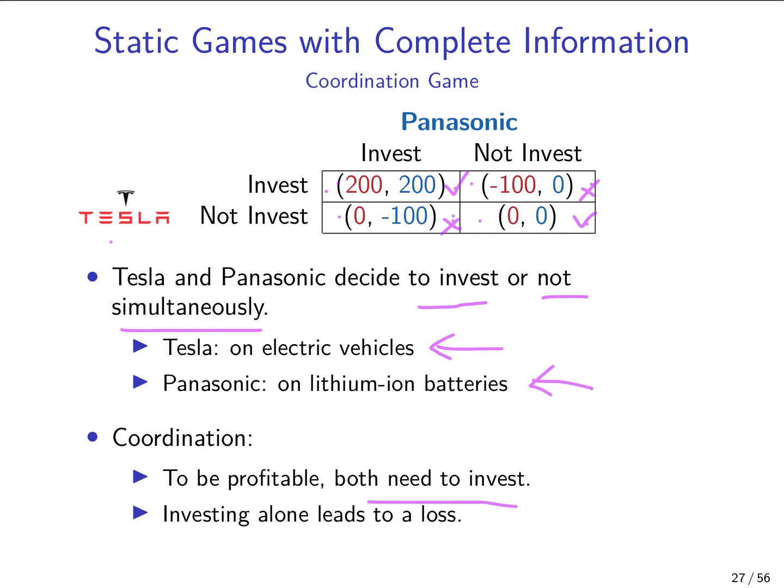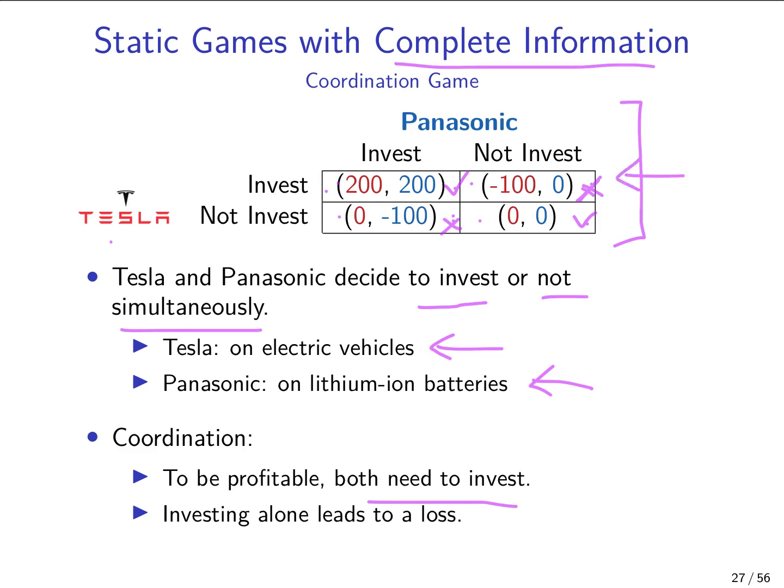Okay. So this is a coordination game with complete information. Again, it's complete information because the payoffs and how those payoffs depend on the actions of the players are clear. It's complete. Everyone knows about it. It's given by this matrix.